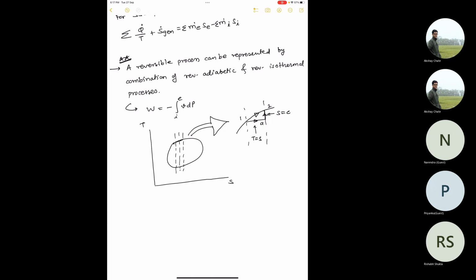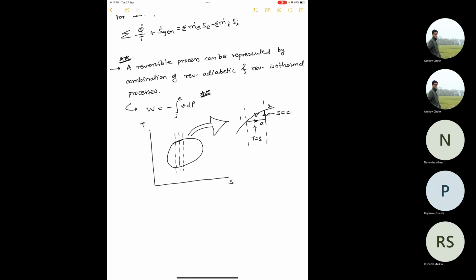So that was the point, and this important derivation comes out of that. You'll use this v dp work done for a pump, maybe a turbine if you know the specific volume variation with respect to pressure. But generally for a turbine we use enthalpy because those data are conveniently available. And for a pump, the work done is anyway not that much because we handle liquids in a pump, so the specific volume change is almost constant.